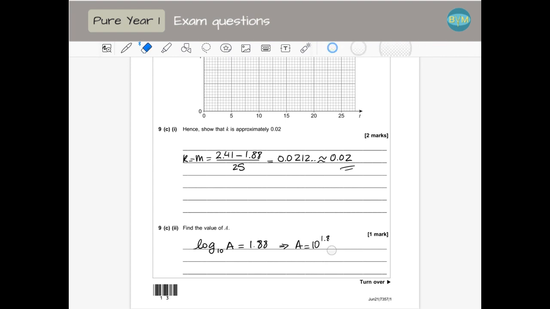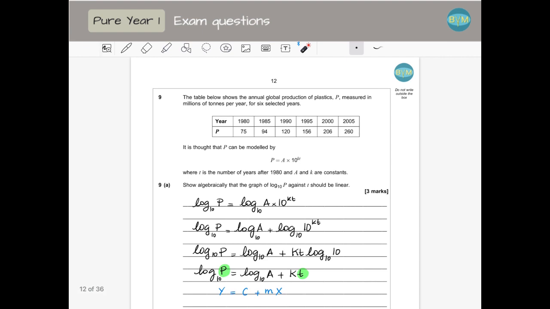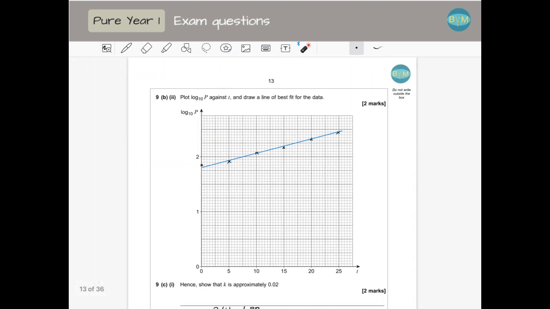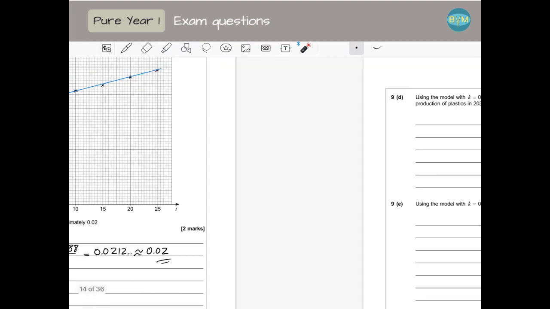So a is straight away 75, because this is p here, for the initial year. Next thing, this is the value of a, so we don't need units or anything.